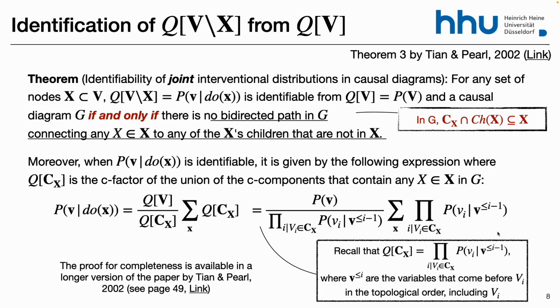So it's computable. Every time this condition is satisfied, you can compute the joint interventional distribution of V minus X, where X can be any set.